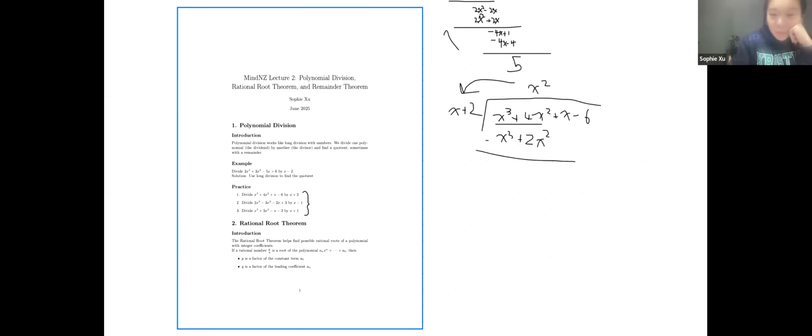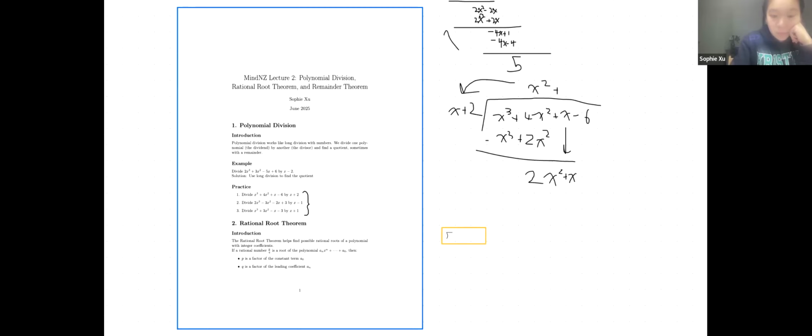You can subtract this, and maybe put a line over here because it's kind of confusing. And then you can bring down the x. And then you can repeat the process.